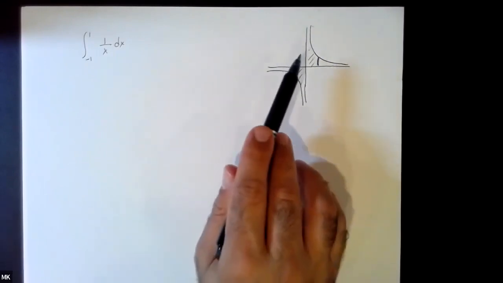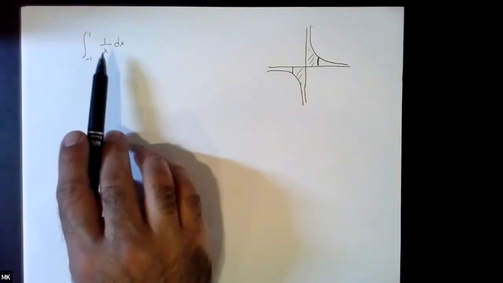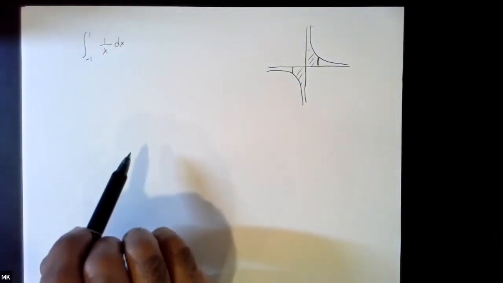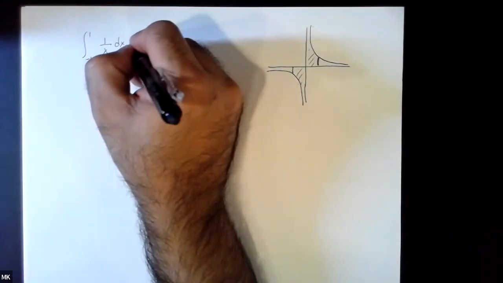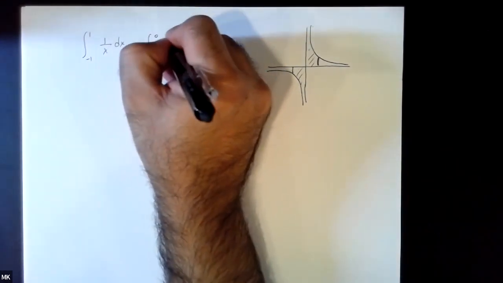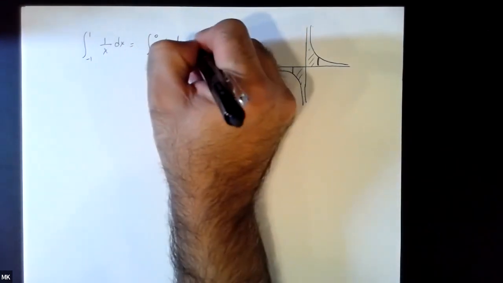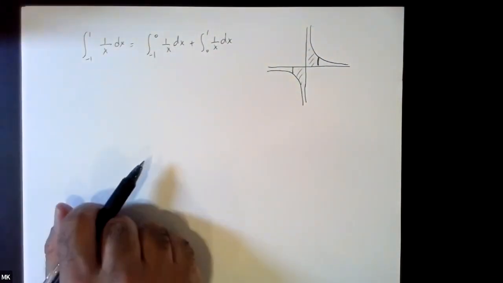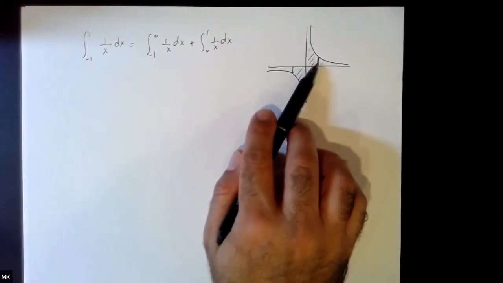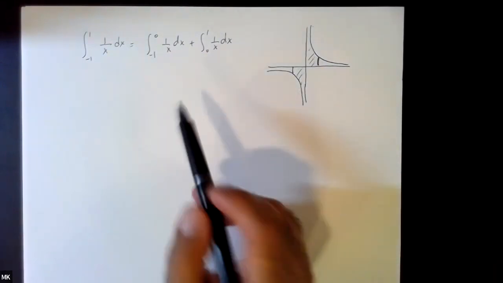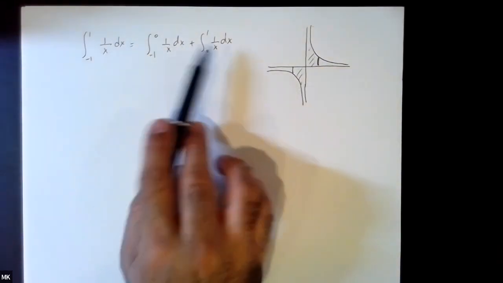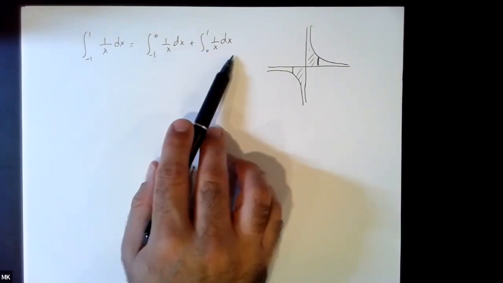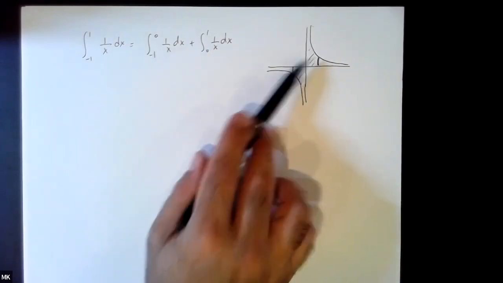In fact, that turns out not to be true if you do it the correct way. The correct way is really writing it as -1 to 0 and 0 to 1, just like we did in the example of double infinities. You split it into 2 regions. The idea here is both these integrals should exist with a finite value, and then the sum of them would be the value of the total integral.